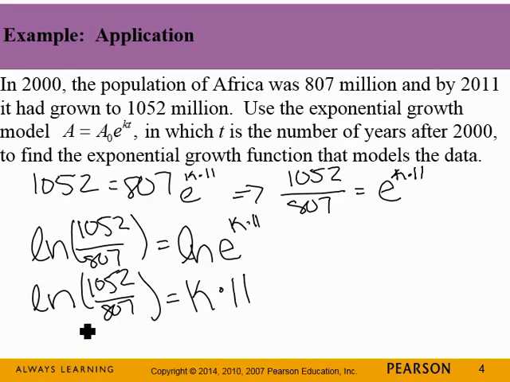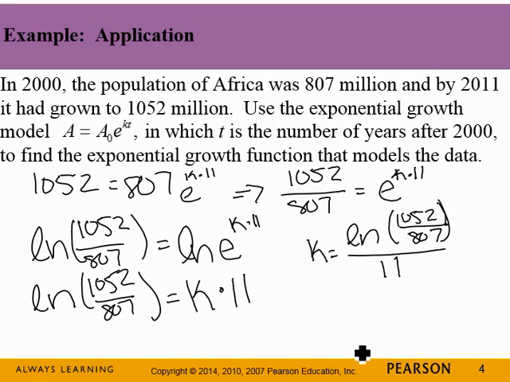So now you're just going to divide both sides by 11, so you should have k equals ln 1052 over 807, all divided by 11. This is going to give you k about 0.024.